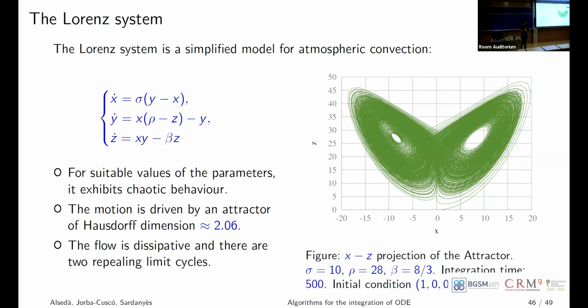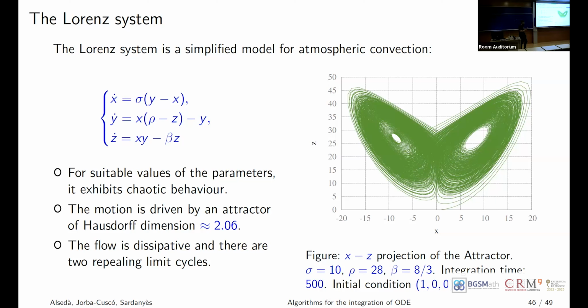This has no quantitative meaning, but a lot of qualitative meaning. This was the rediscovery of chaos. It happened with this model. And Josep can tell you the story if you pay him a beer or something. Okay. So we have a 3-dimensional ODE model, and it has some parameters.